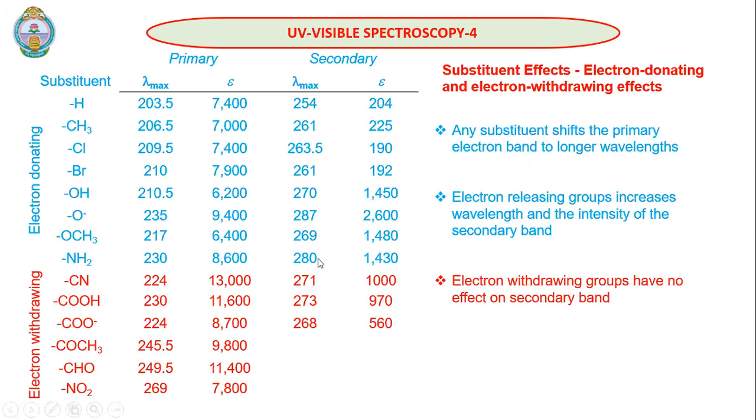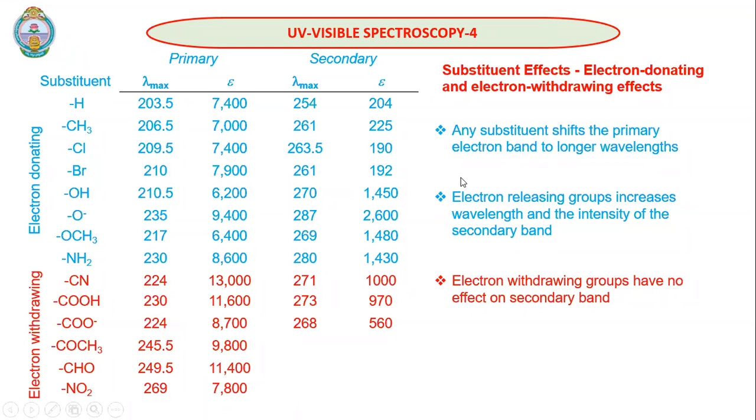Now when we look at the aromatic systems, of course we will have either electron releasing substituents or electron withdrawing substituents. All of them will influence the lambda maximum values of aromatic systems, but all of them will influence in a similar fashion. So there will not be much difference between the lambda maximum values when we have electron donating or electron withdrawing groups.